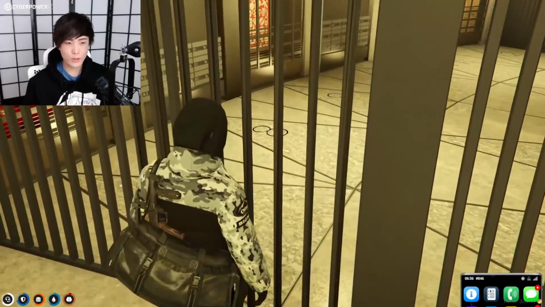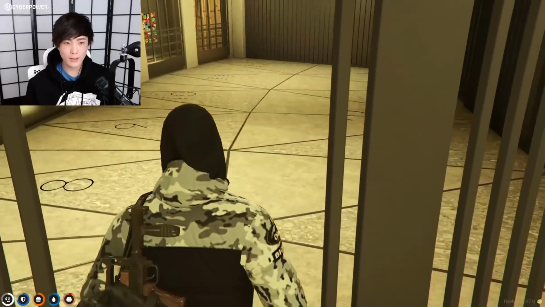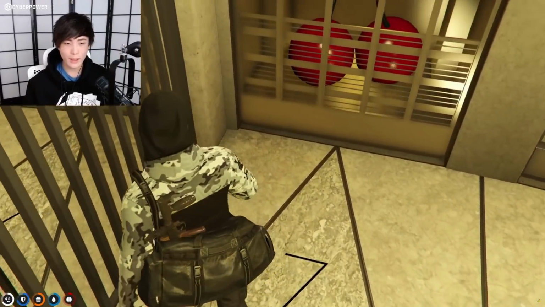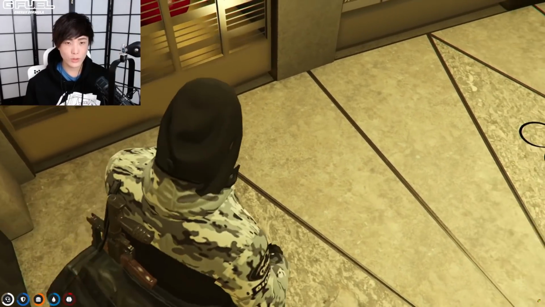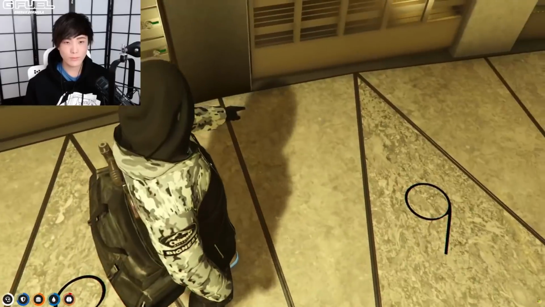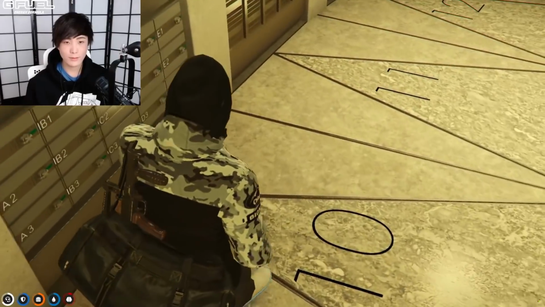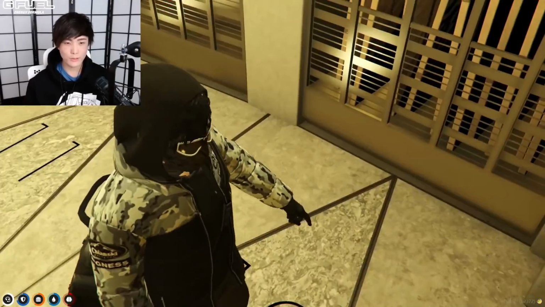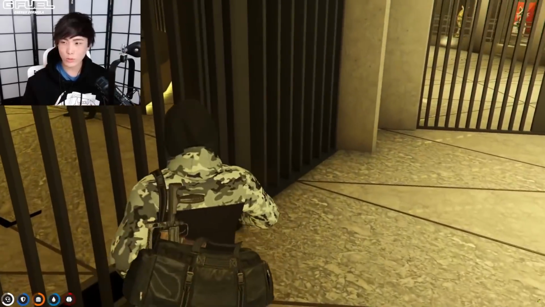Now, it's not that hard to figure out how many of these there are because they're literally labeled. So let's see if this one also has 12. And if it has 12, then we'll know. 1, 2, 3, 5, 7, 9, 11, 12. So each one has 12.